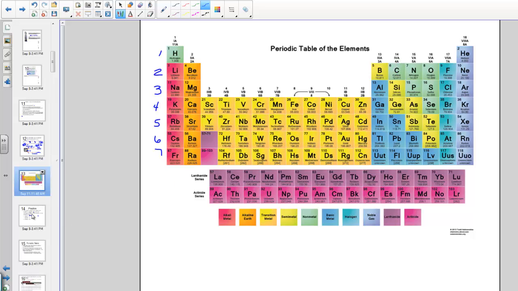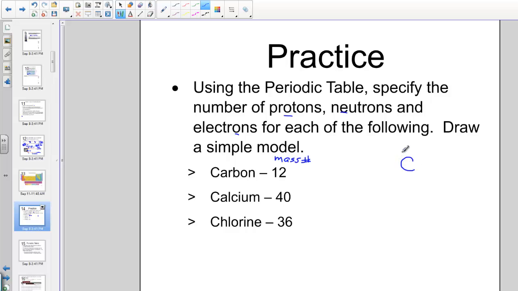I'll put 6 up here, and then underneath it I'll write 12.00, just to remind us how we found it on the periodic table. By definition, we know that this 6 is called its atomic number, and this 12 is known as its mass number.